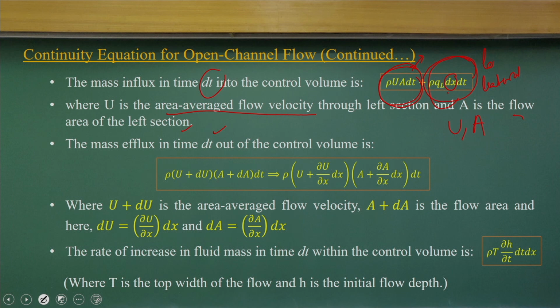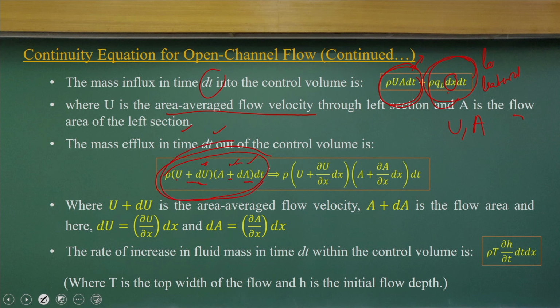After delta t you can consider u varies to u plus delta u, and a varies to a plus delta a. That's the reason the mass efflux going out from this control volume will be rho into a u, with the change of the velocity and change of the area, into the delta t.